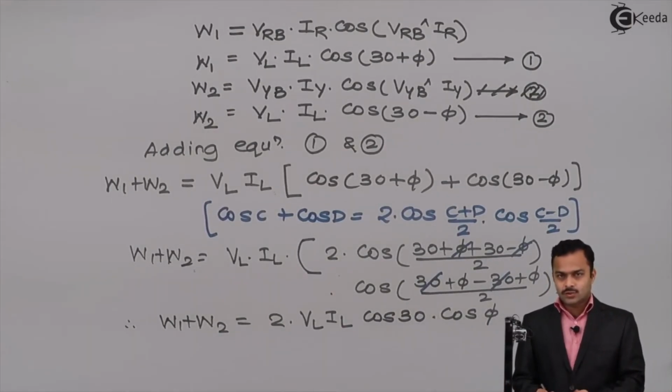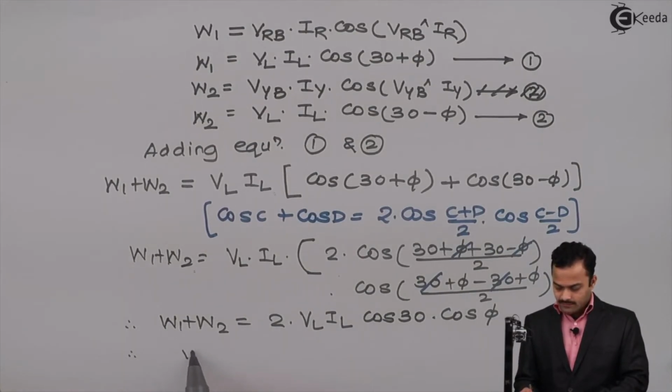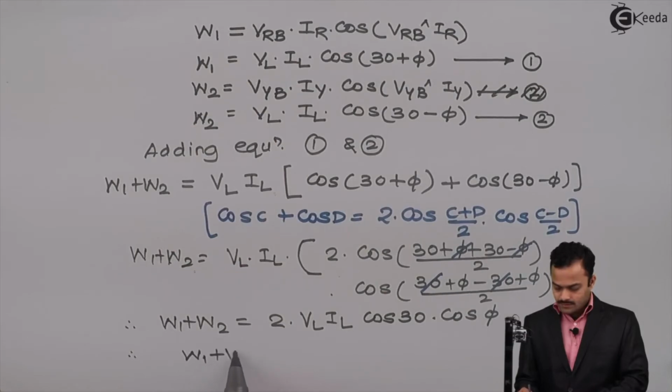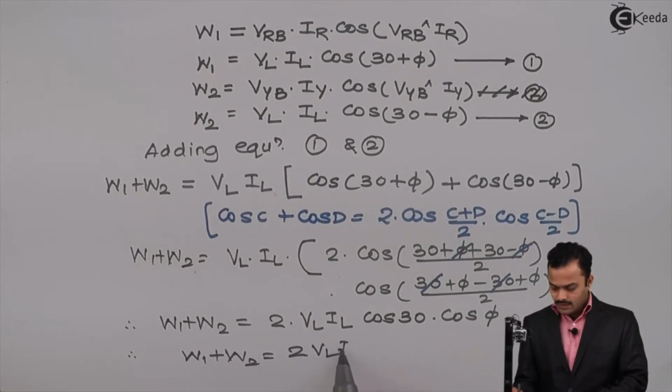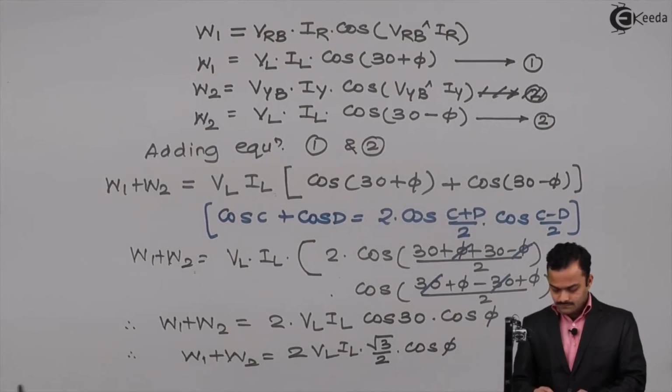Cos 30 is root 3 by 2. So if I substitute over here, ultimately I will get W1 plus W2 equal to 2 VL IL root 3 by 2 cos 5. Again 2 gets cancelled.